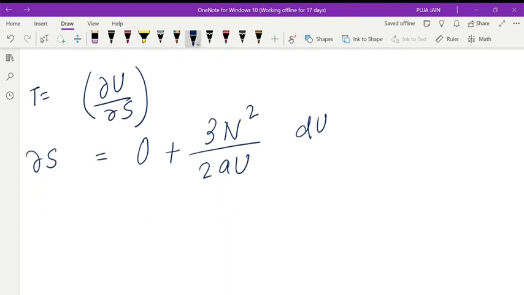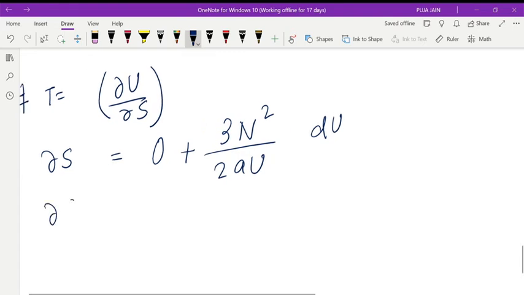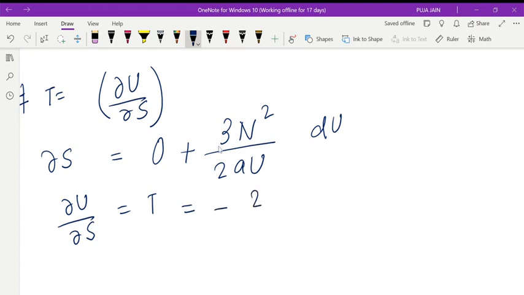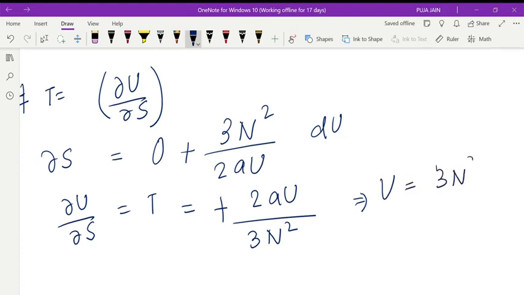So I am getting del U by del S, that is equal to T. Del U by del S, we are getting minus, not minus, positive 2aU by 3N square, right? We are getting this. So from here basically I need to eliminate U, so I am getting 3N square T by 2a.